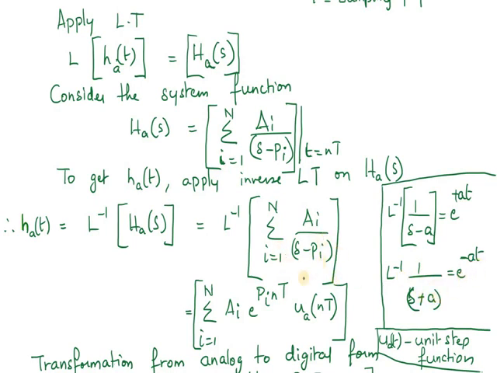So here, the Laplace inverse is summation i equal to 1 to N, Ai, where Ai is the constant term, then 1 by s minus Pi. This gives e raised to Pi nT and ua(nT). Here ua(t) is the unit step function.